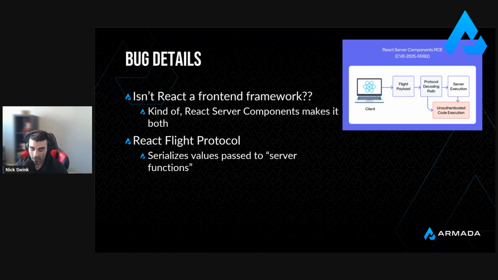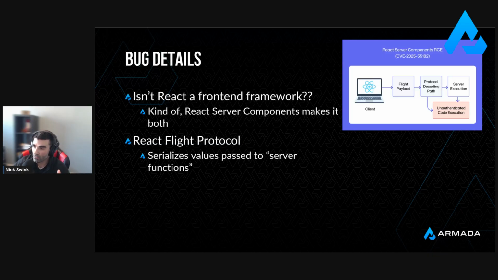It just uses React as the front end templating. So React server components was where this issue was. And it was in their flight protocol, which handles the serialization of values passed to backend server functions, which to my understanding are basically like remote procedure calls.